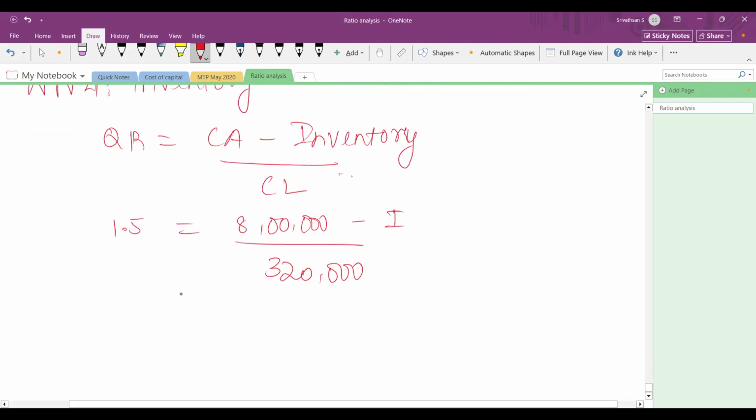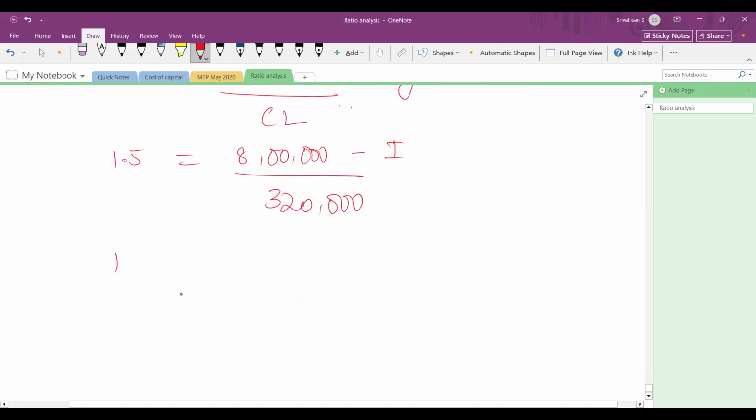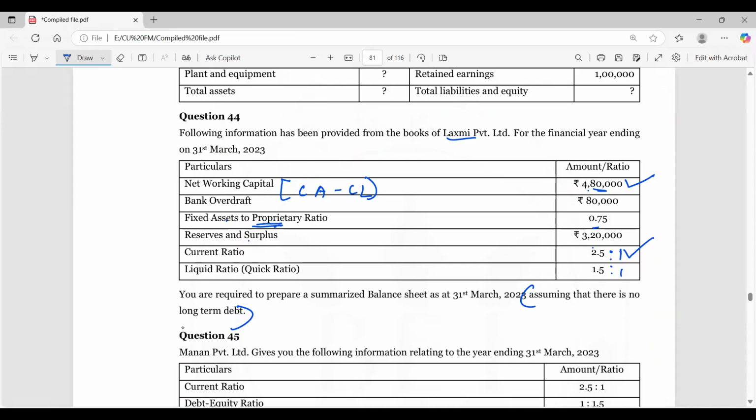What is the amount of stock or inventory? 3 lakh 20,000. Clear? Any doubt in this?